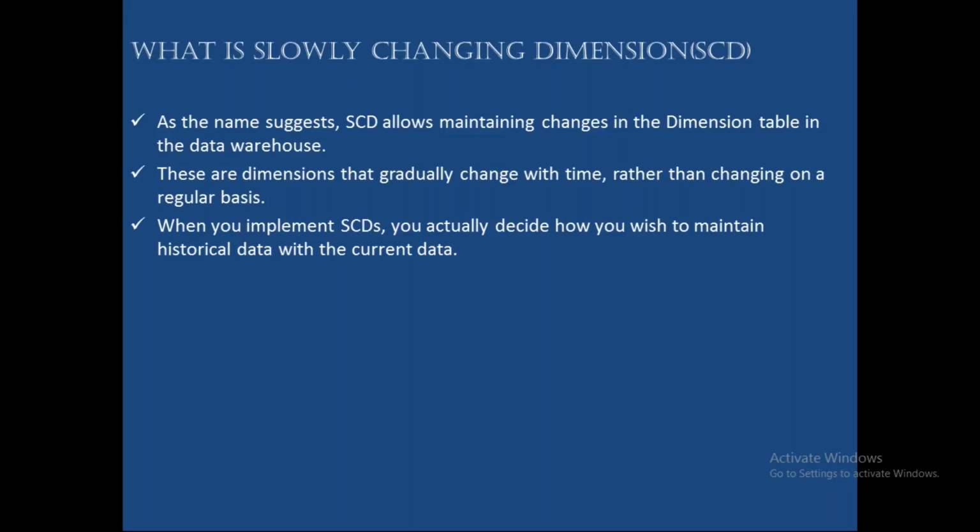Do you want to maintain just the current record, or an entire history along with the current data? If I don't require the history data for my business, then you are going to leave those things. That depends on SCDs.